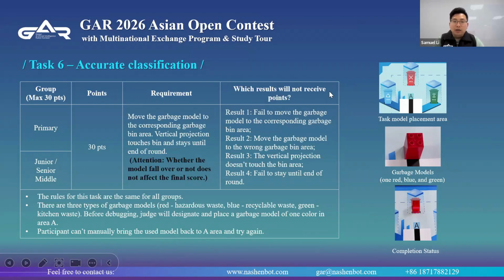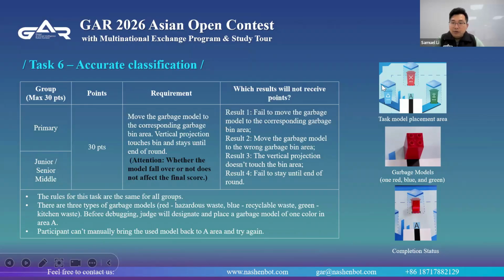Which results will not receive points? Result 1: fail to move the garbage model to the corresponding garbage bin area. Result 2: move the garbage model to the wrong garbage bin area. For example, this red one, you need to move to this area, but you move to this area or this area. Result 3: the vertical projection does not touch the bin area.